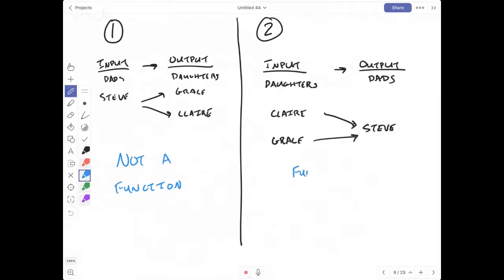Therefore, this is a function. From a strictly biological perspective. Obviously, from a social perspective, many daughters do have two fathers, which would make it not a function. But hopefully we get the idea.